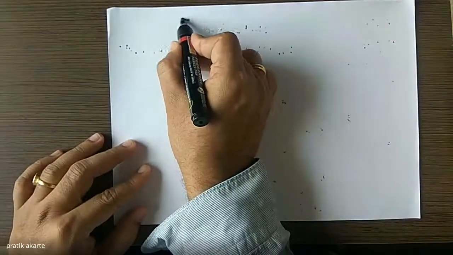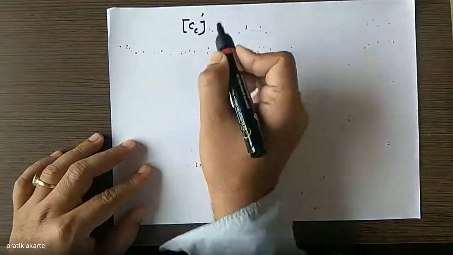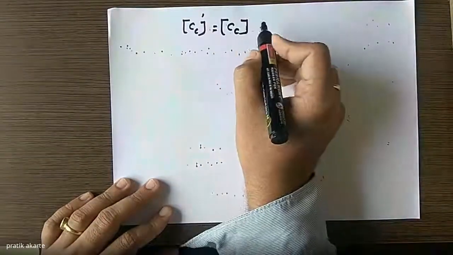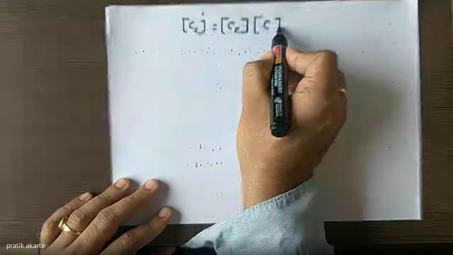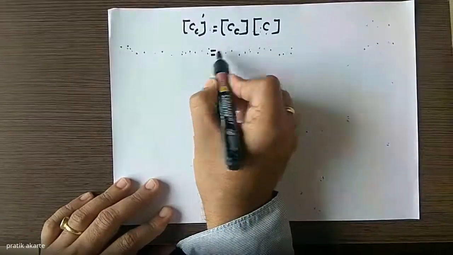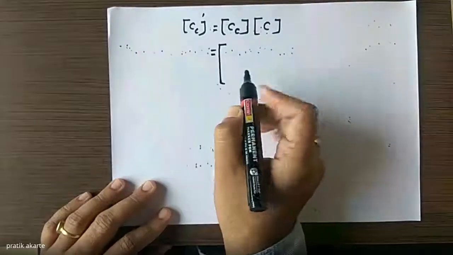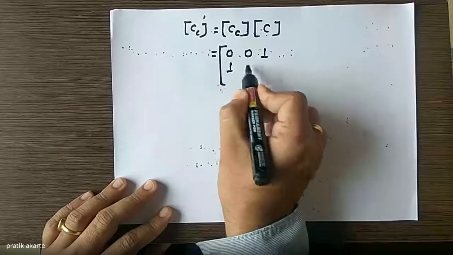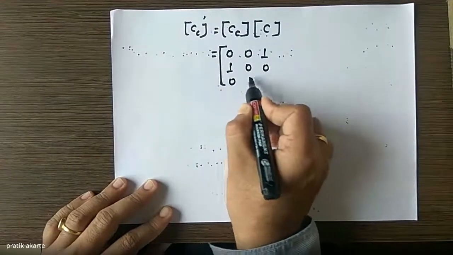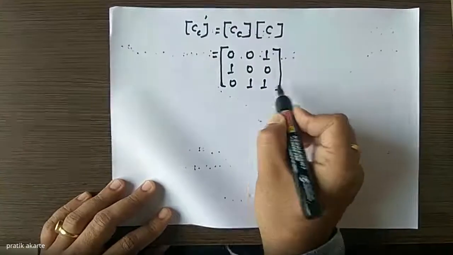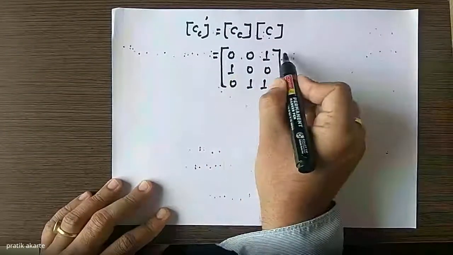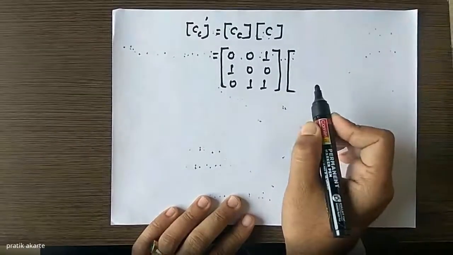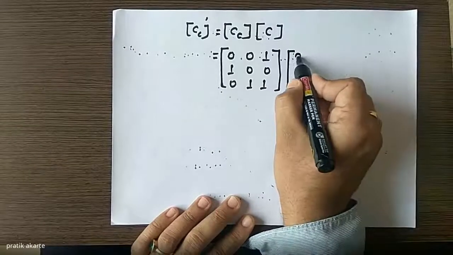So we name it as CC dash, which is the new position, which is equal to CC, the original position, into the composite transformation matrix. So our CC is given as 0, 0, 1, 1, 0, 1, 0, 1, 1. So these are, as I said, this is for O, this is for A, and this is for B, into your composite transformation matrix that we have found out.